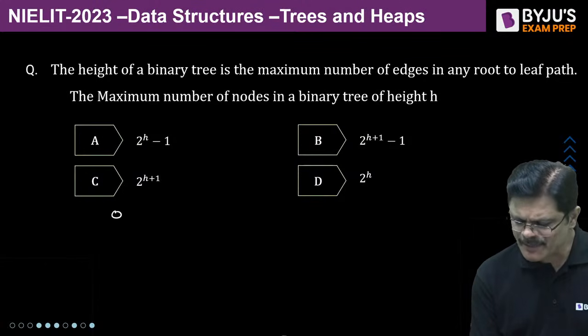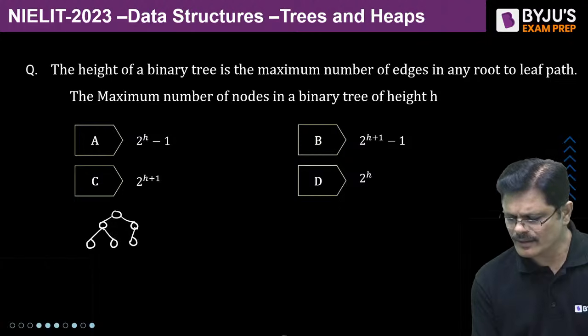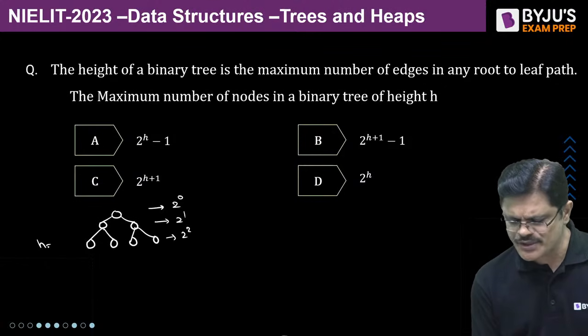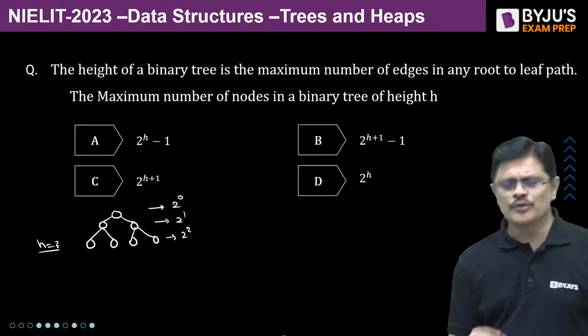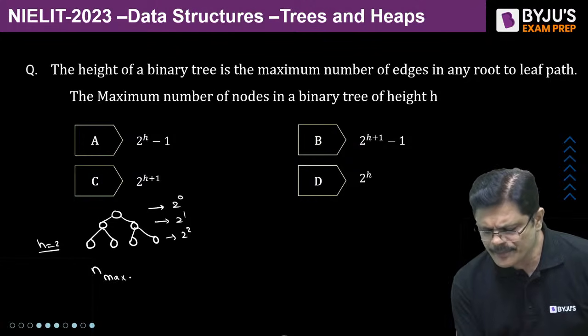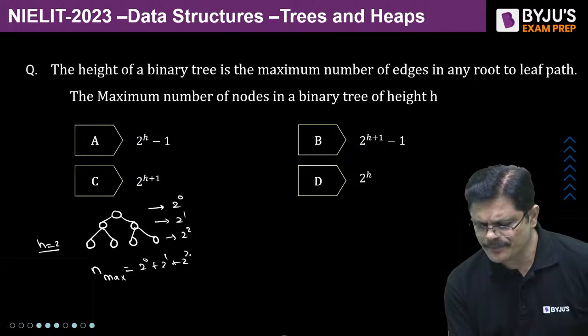So if I take the same example, at depth 0 we have 2 power 0 nodes, at depth 1, 2 power 1 nodes, at depth 2, 2 square nodes. So here height is 2. So for height 2, the maximum number of nodes would be 2 power 0, 2 power 1, 2 square.